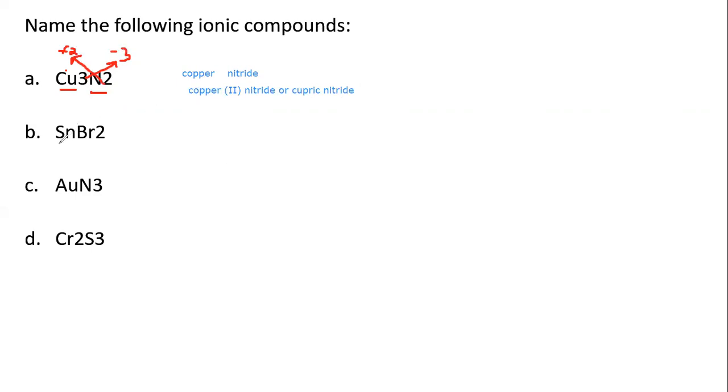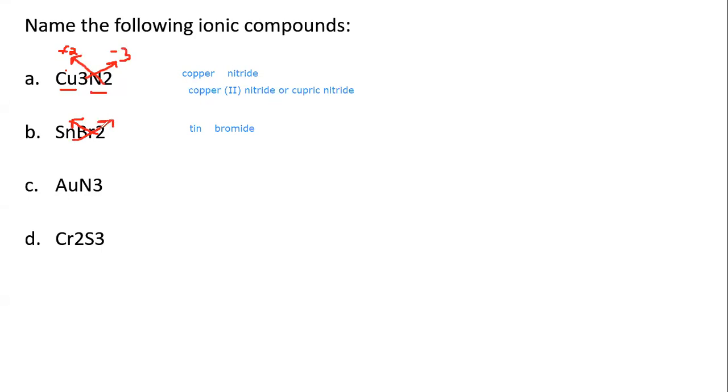Next we go to tin, or just SnBr2. We have tin, it's the cation, and the anion of bromine is bromide. So again, if we do the reverse crisscross, we can determine the charge of tin, because tin is one of those that can have a cation of different charges. So we do the reverse crisscross.